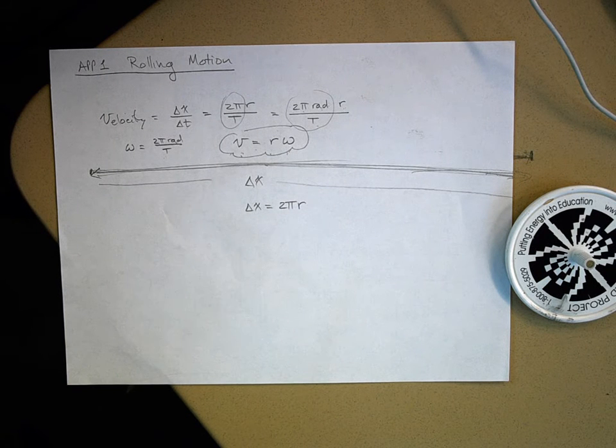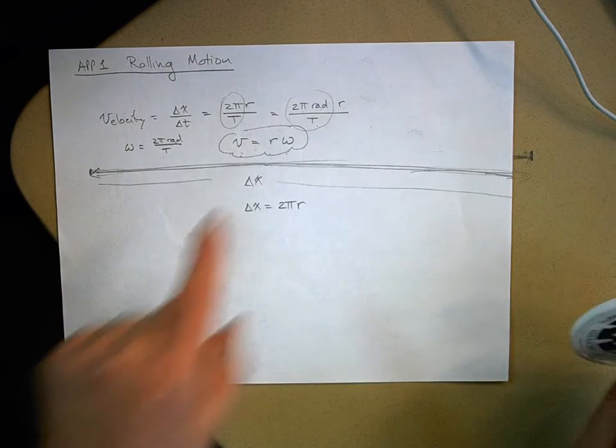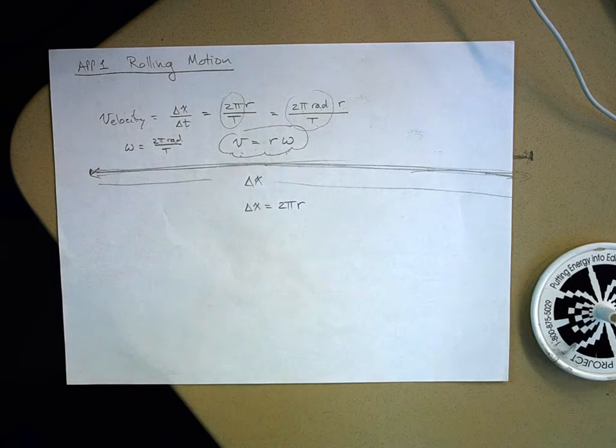And so now we can relate. This gives us a relationship between linear speed of a rolling object and angular velocity.